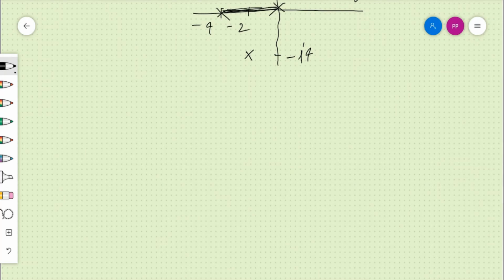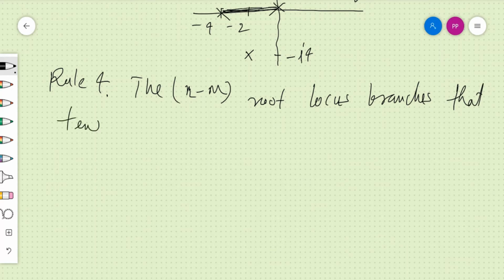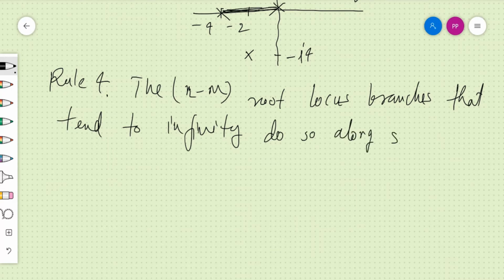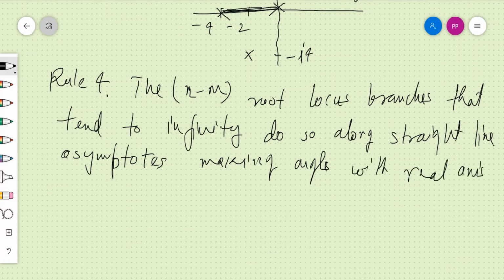So let us write rule 4. The n minus m root locus branches that tend to infinity do so along straight line asymptotes, making angles with the real axis given by a well established mathematical formula.